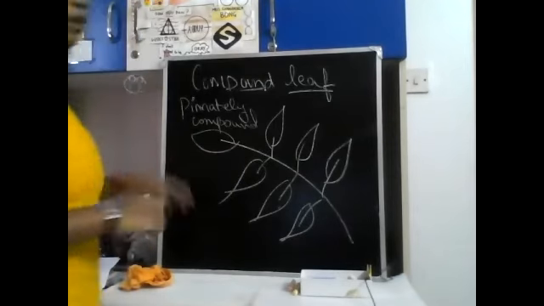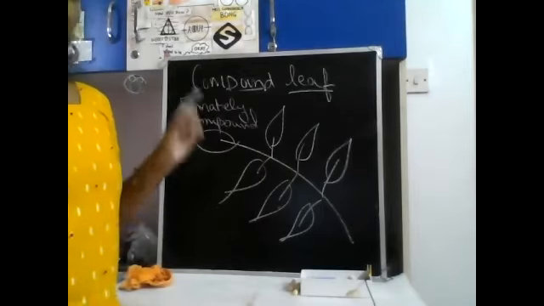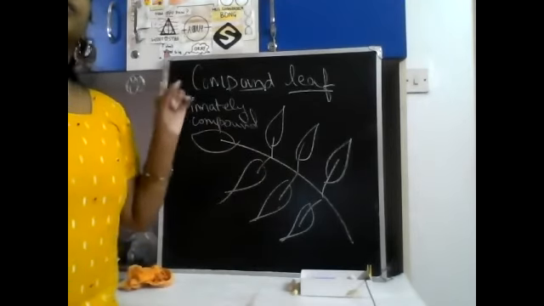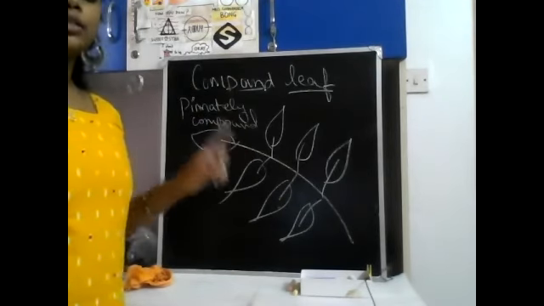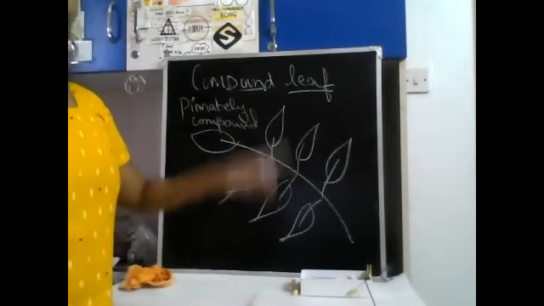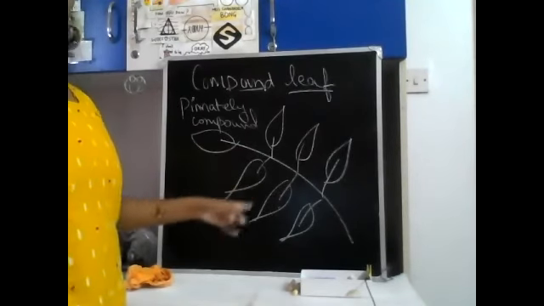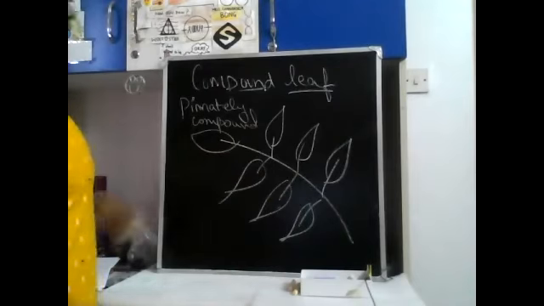Now we have two types of leaves. One is simple, one is compound. Simple is without a break in lamina. Compound is breaks in lamina. Palmately compound leaves will have leaflets arising from the same point. Pinnately compound leaves will arise with leaves from different points.